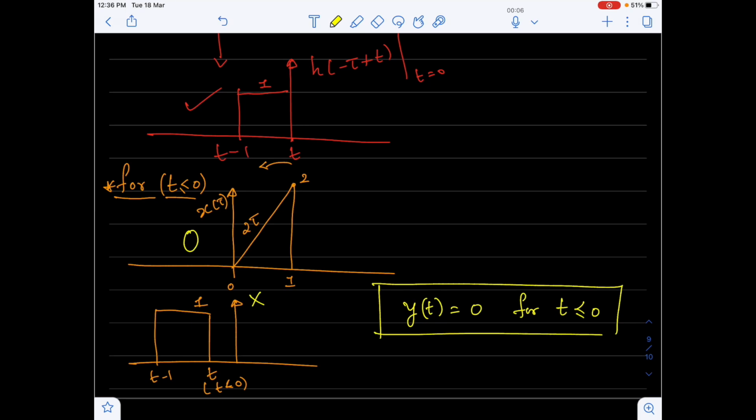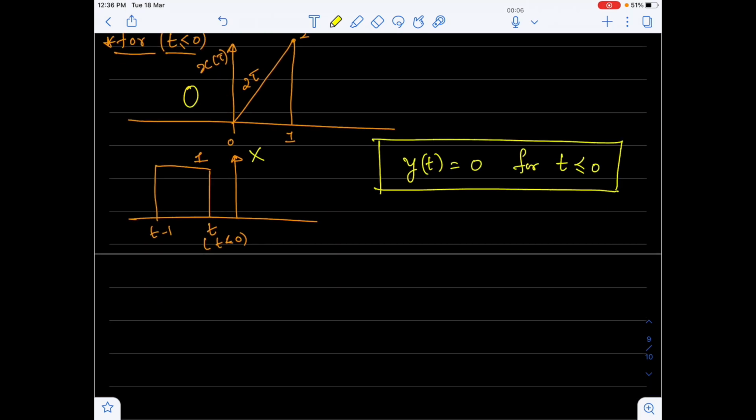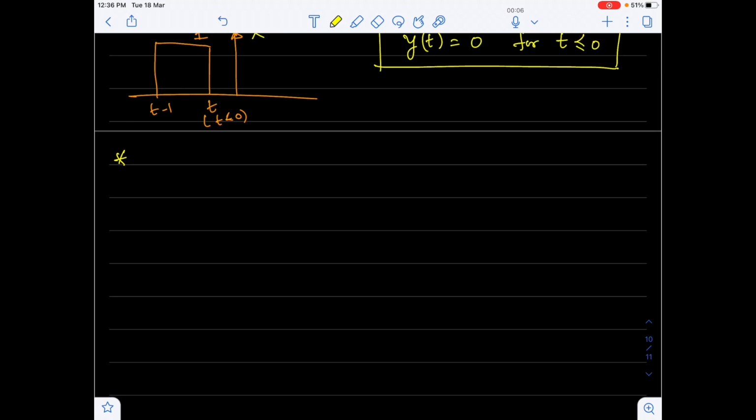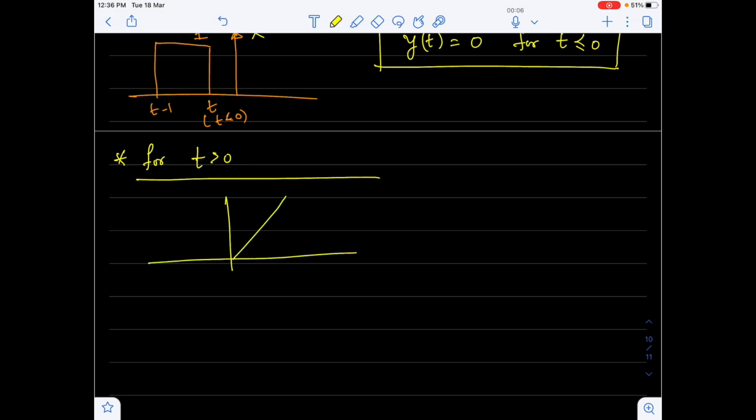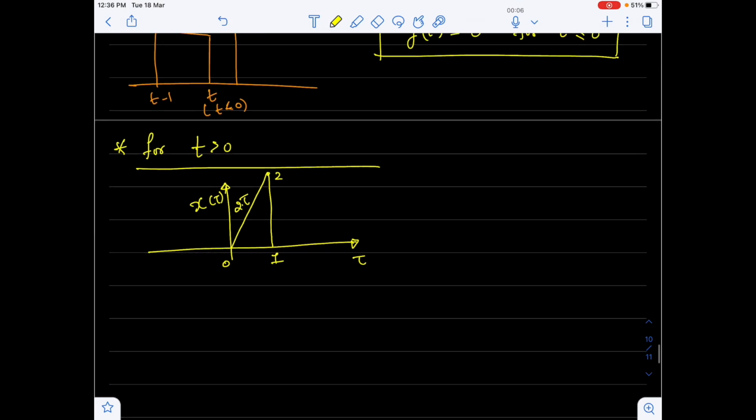So this is the situation. Next, I will consider t greater than 0. I will draw our x of tau also, just for convenience. This is 2, this is 1, here 0, and this is a function of tau. For t greater than 0, I am shifting the function further, so it will be here, for example.